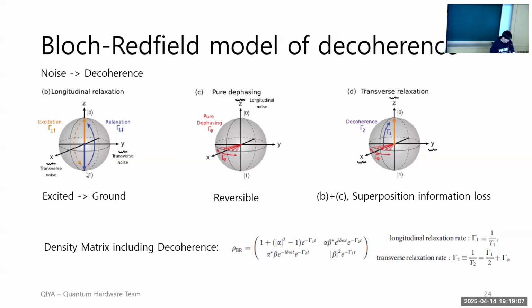So if we prepare the one state, nature wants to go naturally to the zero state because it is the lower state. We can fix this in our engineering model. And there is also some pure dephasing in the anti-diagonal terms. So we can define gamma 1 as 1 over T1, and gamma 2 as 1 over T2, which equals half of gamma 1 plus gamma phi.